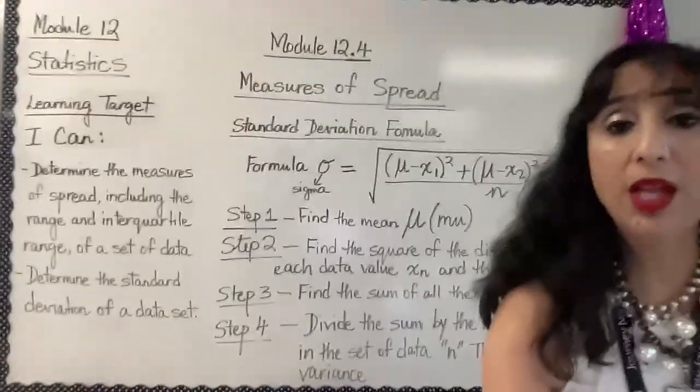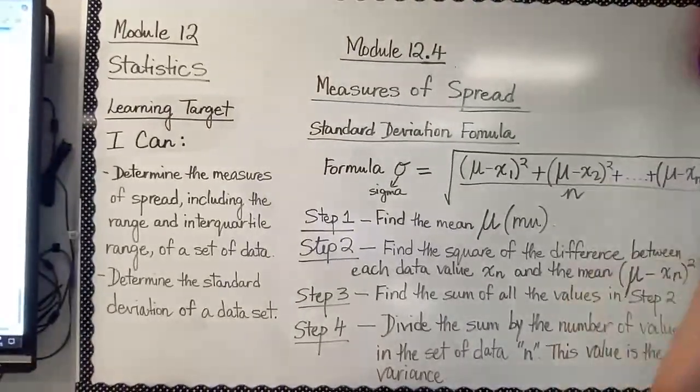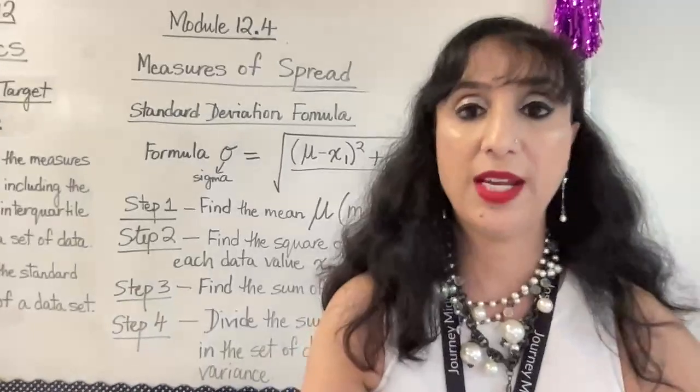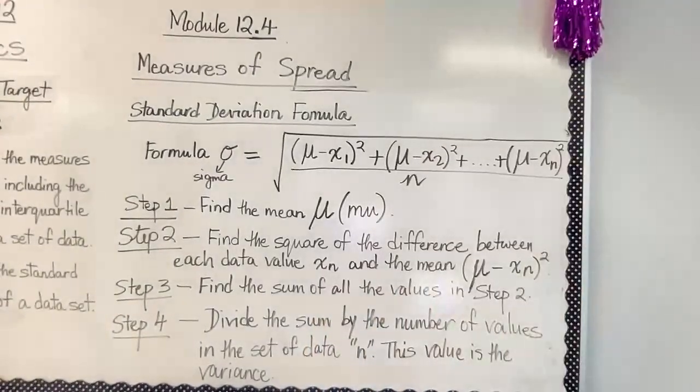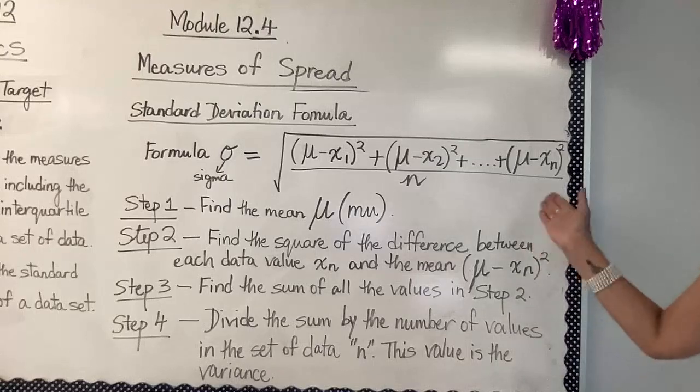So let us look at this, and hold on, I'm trying to make sure that you can see. There we go. That is better. Okay, so here we go. In a data set, the standard deviation shows how the data deviate from the mean.